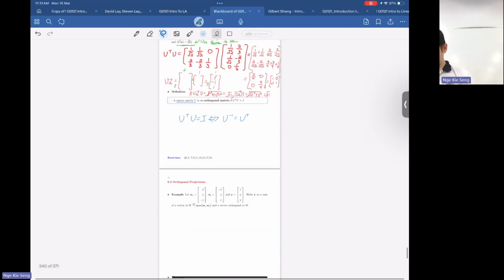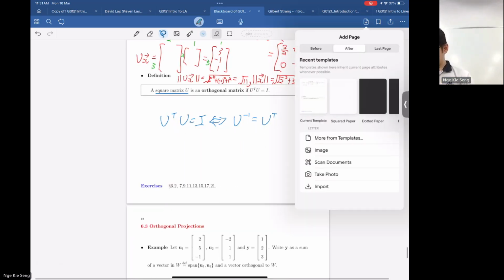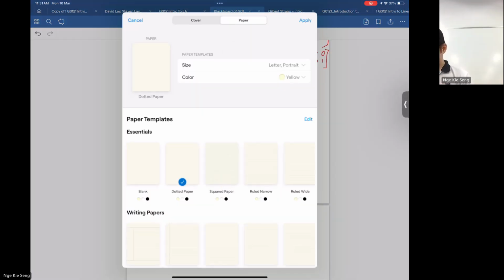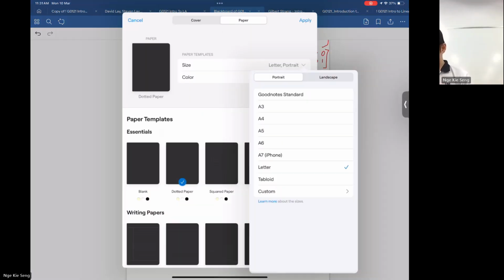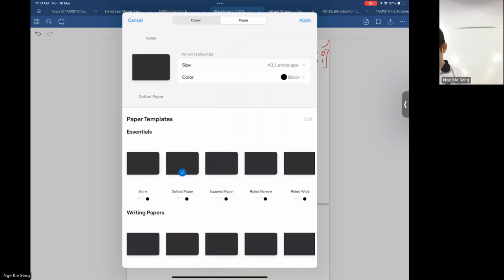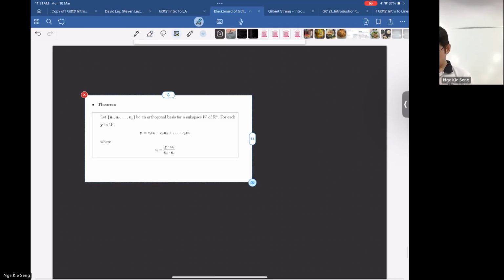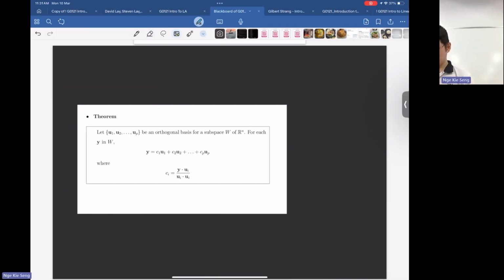So we're going to define a new thing. This theorem here.